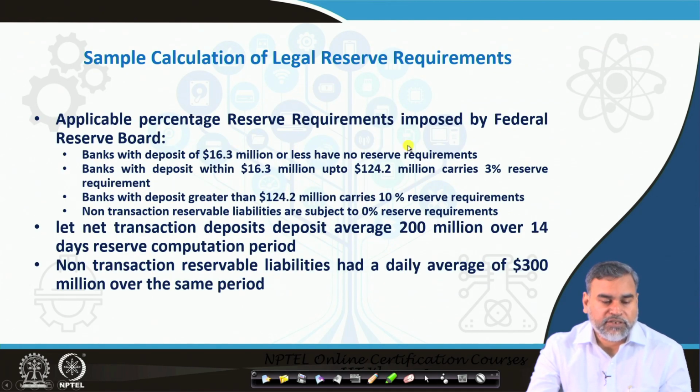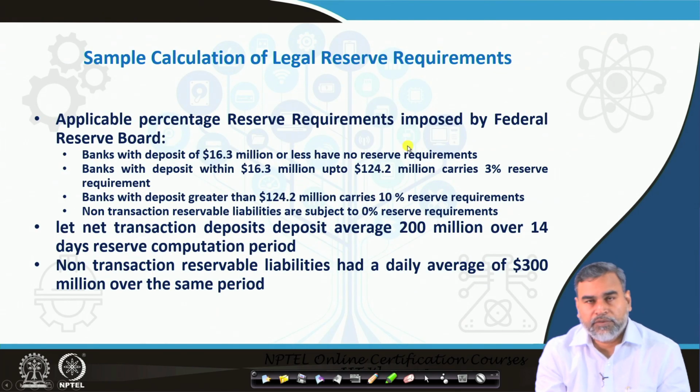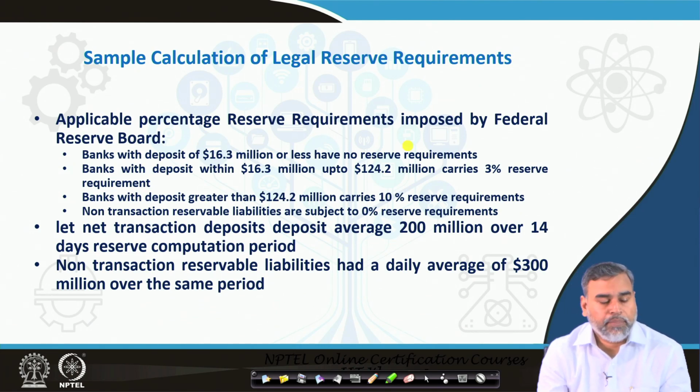In this context, this is an example from the US market. Banks with deposits of $16.3 million or less have no reserve requirements. Banks with deposits between 16.3 and 124.2 million carry a 3% reserve requirement.